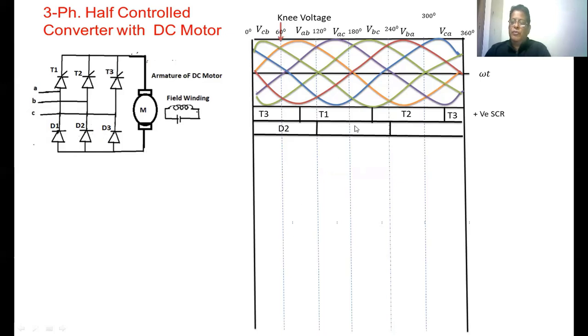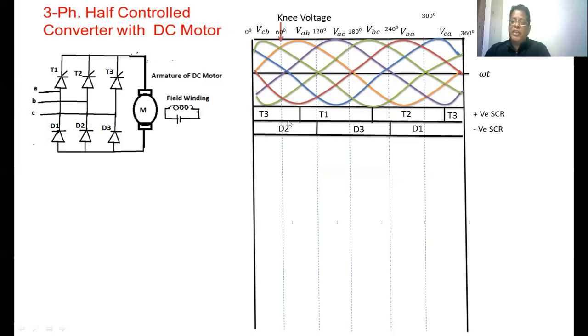From 240 to 360 degrees, A phase is more negative, because A is the second subscript, so D1 is on. This is the conduction of the diodes.